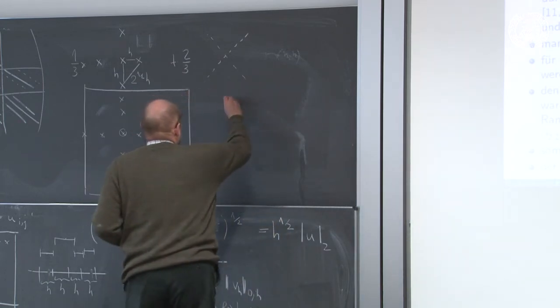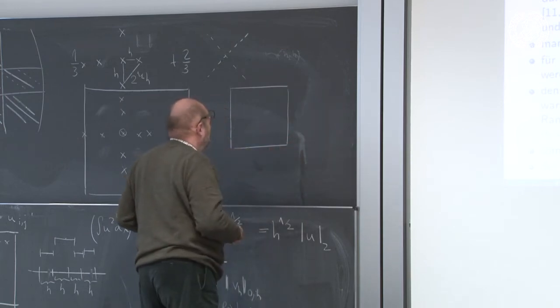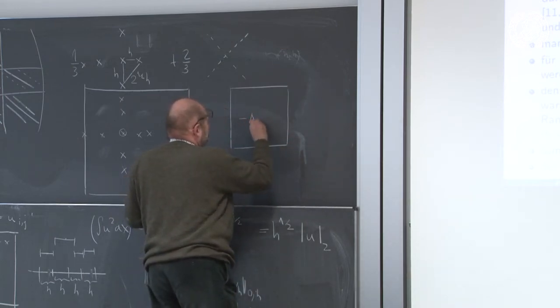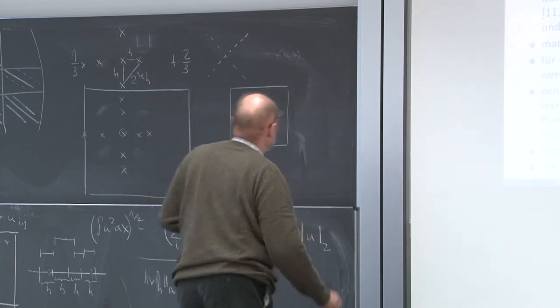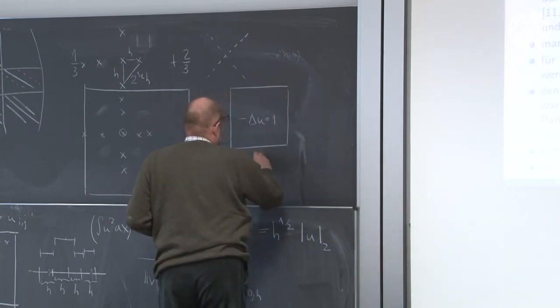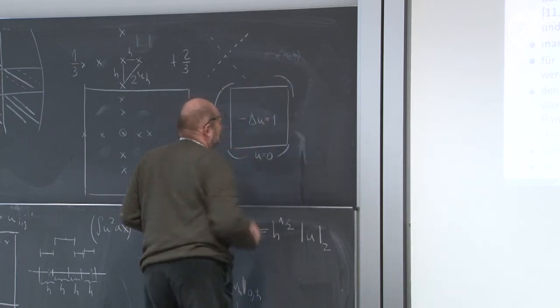Let's again look at our square. And we have here minus Laplacian. The right-hand side is supposed to be 1. And here at the boundary, everywhere at the boundary, we take homogeneous Dirichlet conditions.